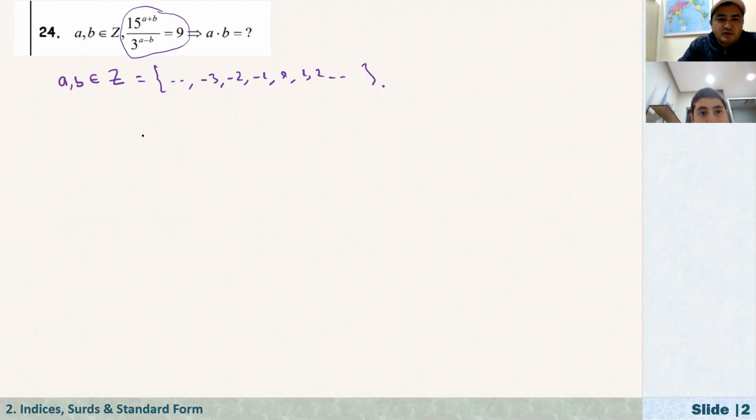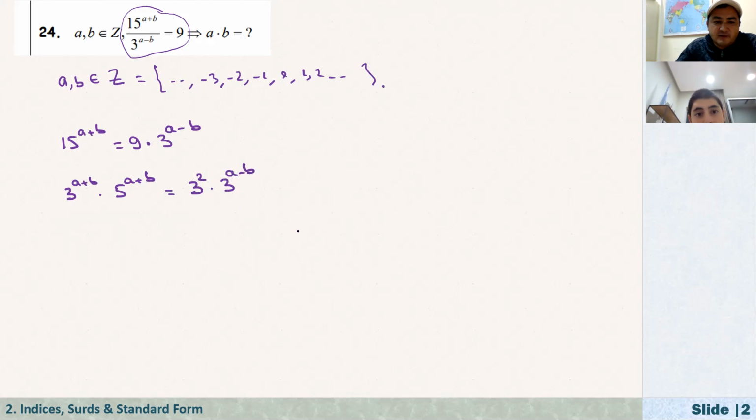From here, I can just write it as 15 to the power of A plus B. Take this 3 to the power of A minus B to the right-hand side. So here we have 9 times 3 to the power of A minus B, right? And this 15, I can write as 3 to the power of A plus B times 5 to the power of A plus B. On the right-hand side, we have 3 squared times 3 to the power of A minus B, right?